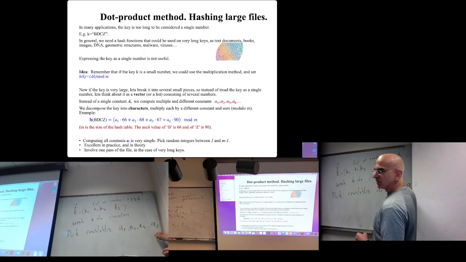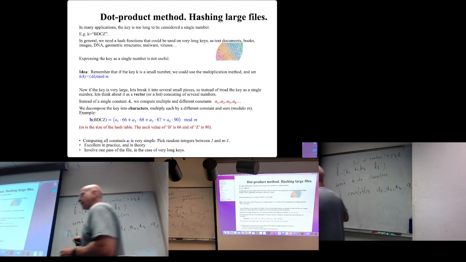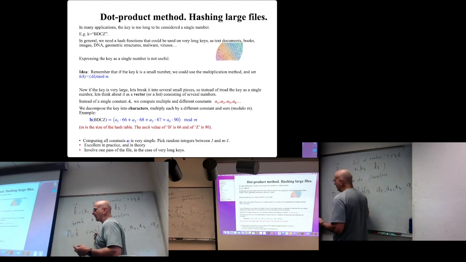Pick a sequence of constants. Maybe it's very long. Maybe you want to pick only 10 and do a round robin between them. That's fine. That is, A10 is A1 and so on.